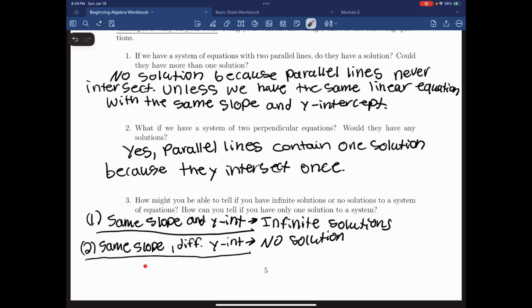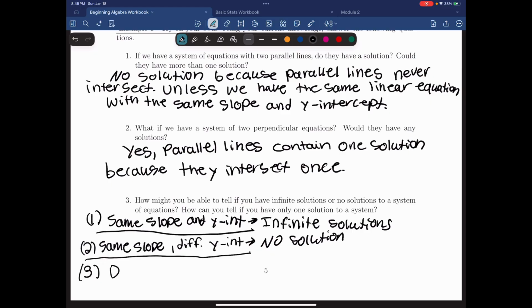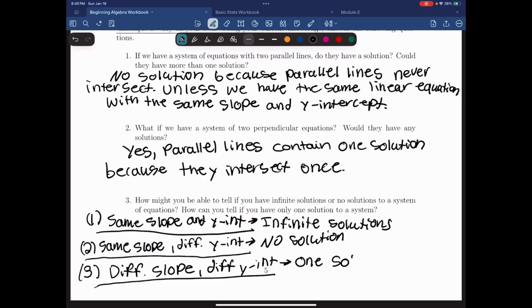So rules 1 and 2 account for parallel lines, or a system of parallel lines. Now for rule number 3, if they have a different slope and a different y-intercept, you will have exactly one solution.